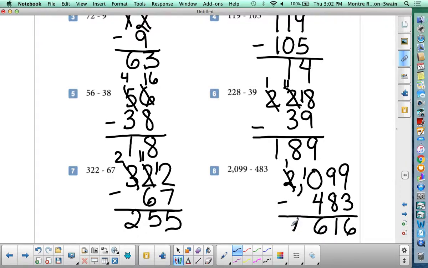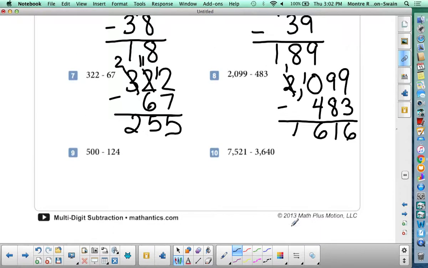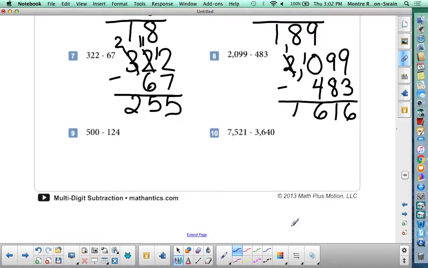Number 9. We have 500 minus 124. Okay. In the ones place, we have 0 minus 4. We cannot do that. So the 0 in the ones place needs its next door neighbor, which happens to be a 0.